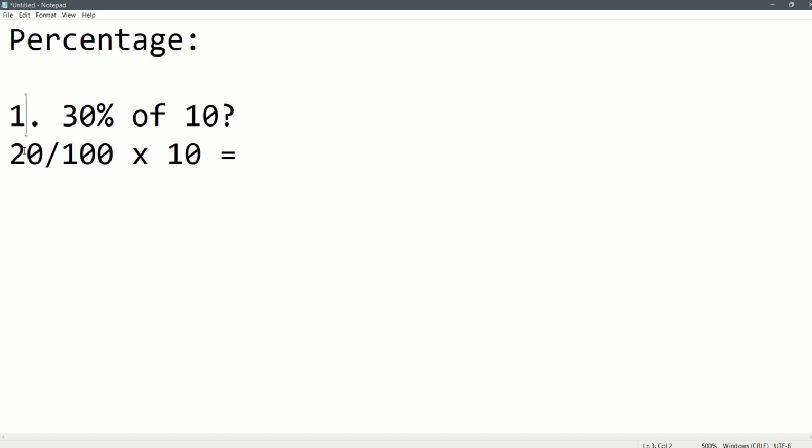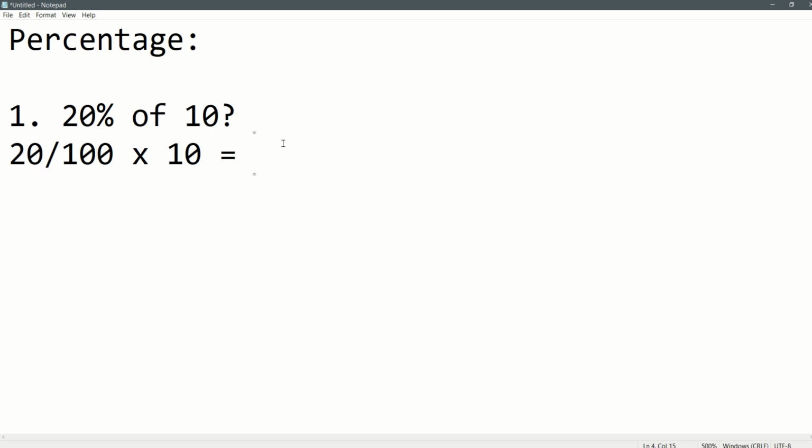Currently let's make it 20 only, and this number can also change. It can be 20, it can be 30, it can be even 125, it can be even 95, it can be anything. This 100 always remains the same, but these two always change, in these kinds of questions I'm talking about.